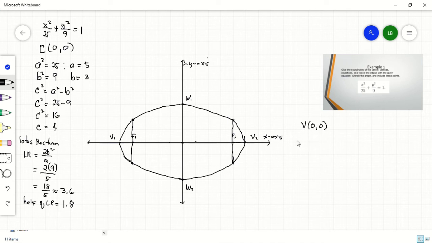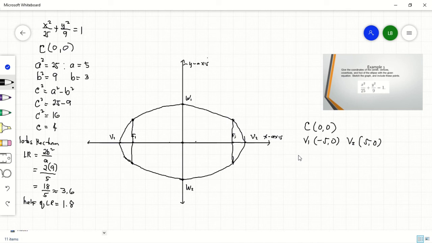So our center is 0, 0. Our vertices b sub 1 is negative 5, 0. And our b sub 2 is 5, 0.